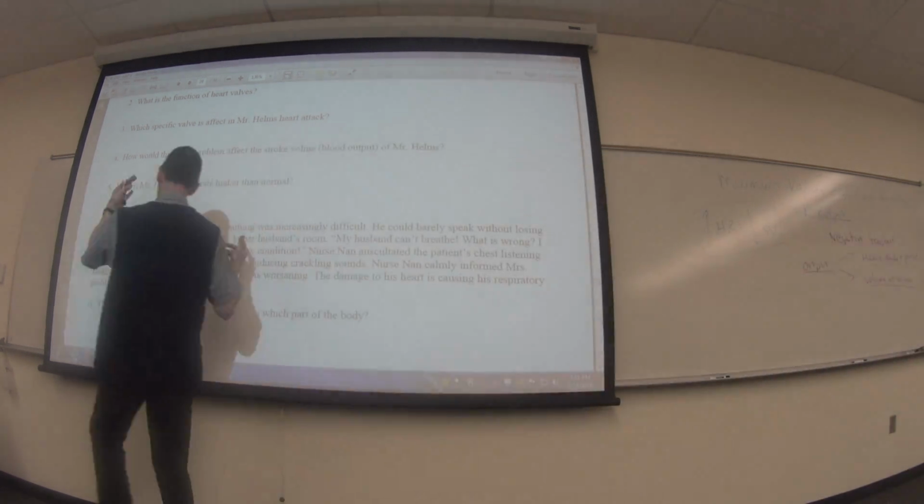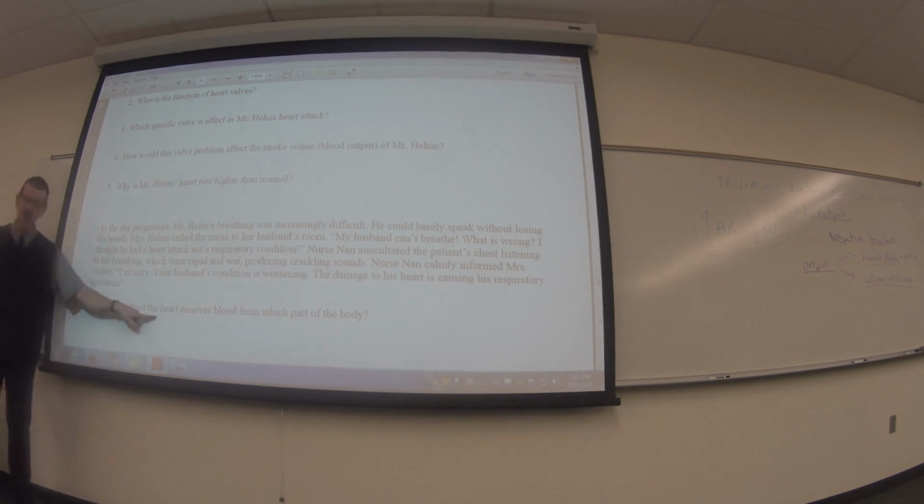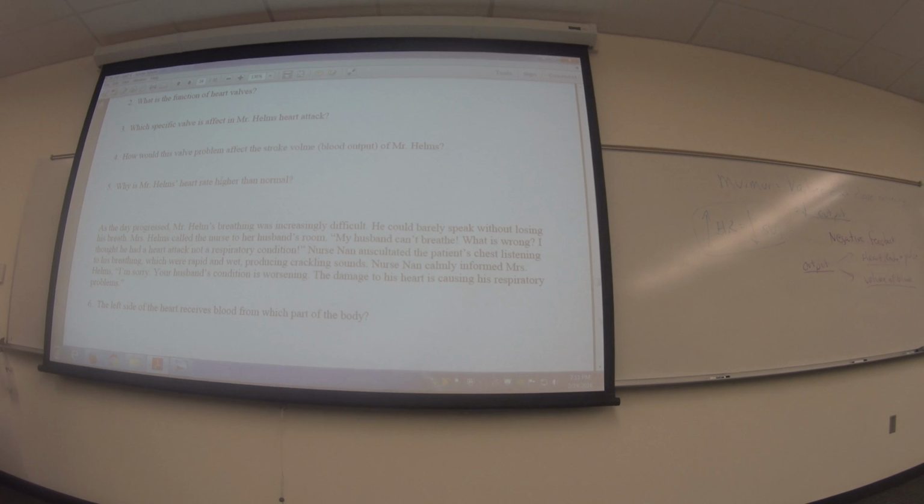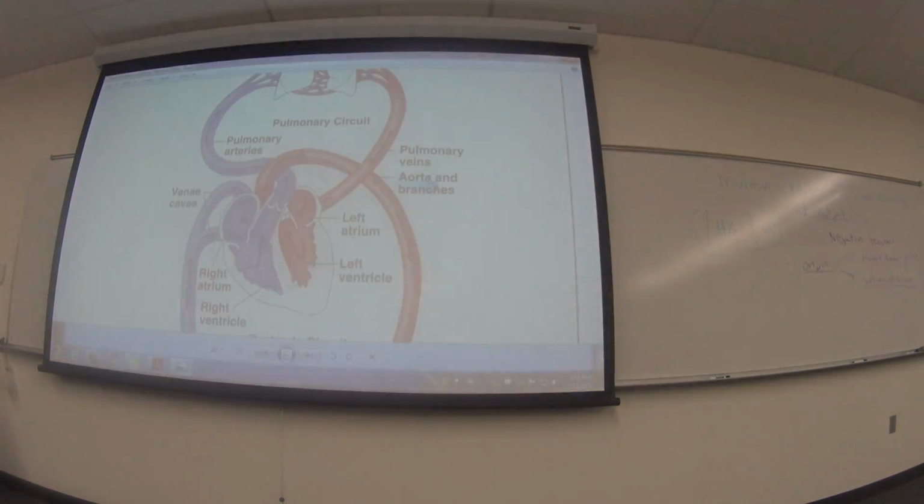Here's the wife who says he's having a heart attack. So the left side of the heart receives blood from what? Lungs. The lungs, the pulmonary circuit. Very good. If you remember our picture right here, the left side's receiving blood from the pulmonary veins, from the pulmonary circuit. Okay? Make sense?